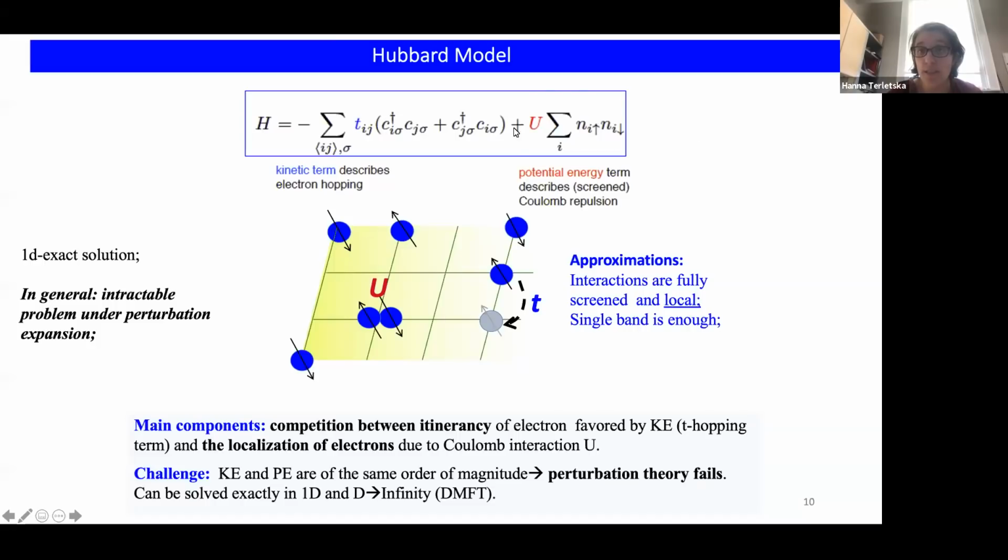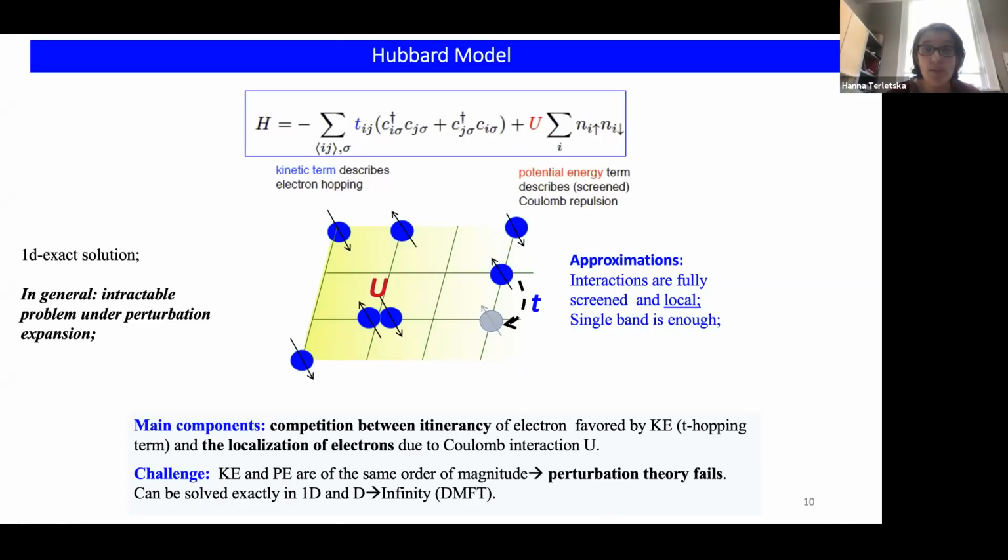So the potential energy, which is described by this term, is the Hubbard U term. It only describes the interaction of electrons when they meet at a given site, right, that's why we have n_i up and n_i down. So only when electrons meet at a given site i do they interact, but they have to have different spins, up and down, to satisfy the Pauli exclusion principle.